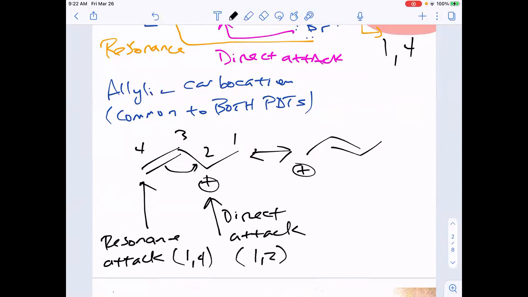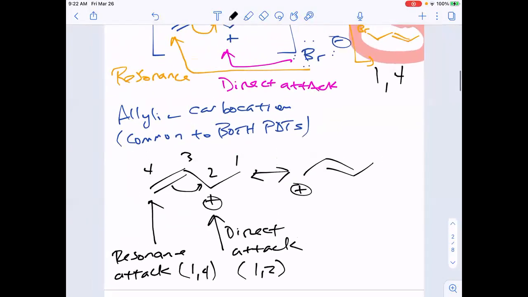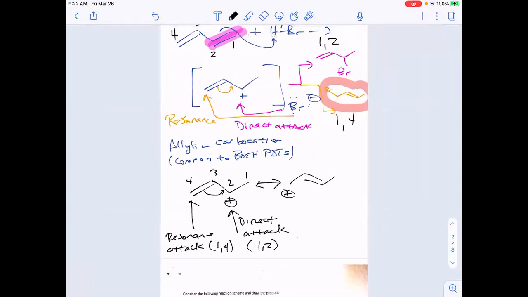So you've got the 1,2 product, which is direct attack, and the 1,4 product, which is the result of what we call resonance attack, because that's where the plus charge would be if you drew the resonance form. All right, any questions so far?